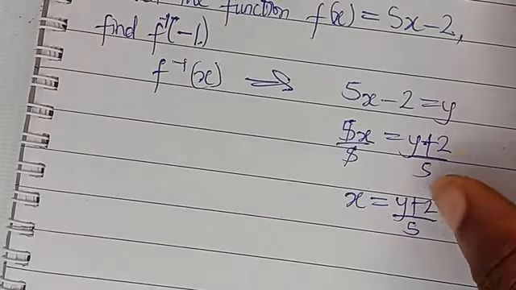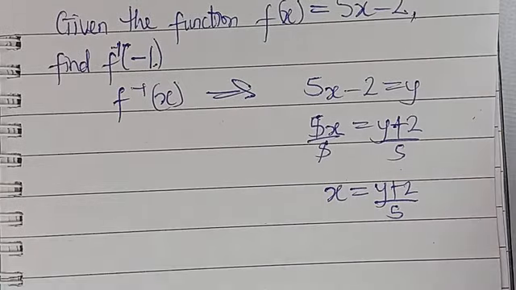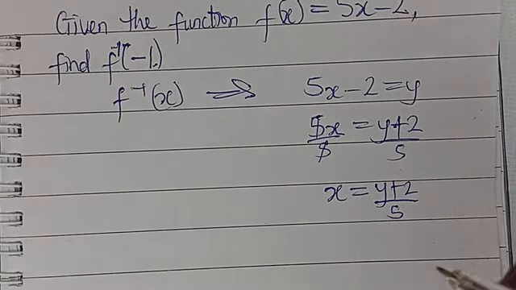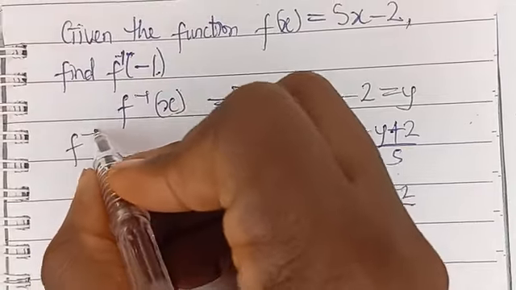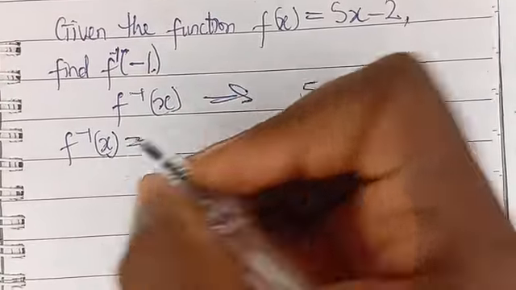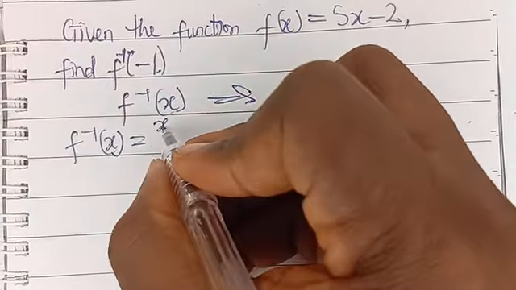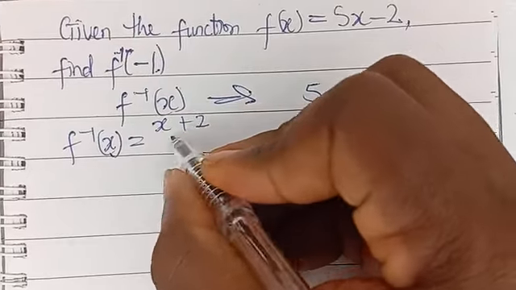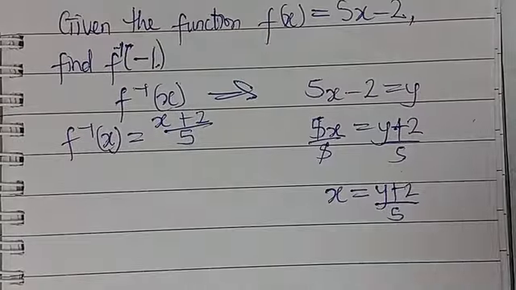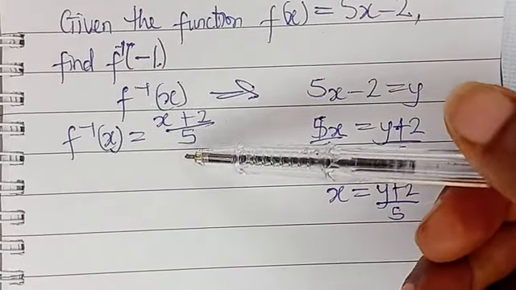Now we've changed the subject of the formula, right? The next thing is to say that f inverse of x is equal to this, and the y we change to x. We have x plus 2 over 5.